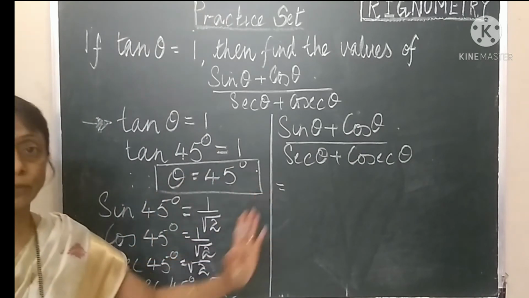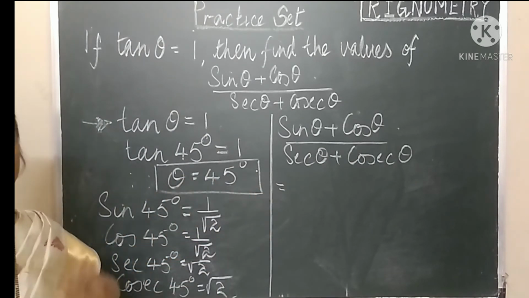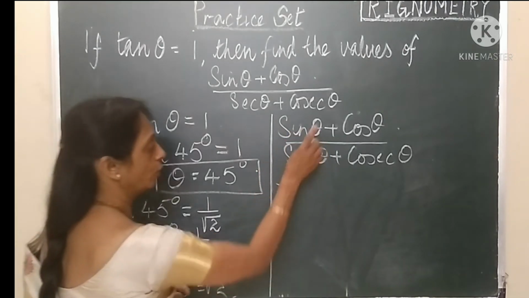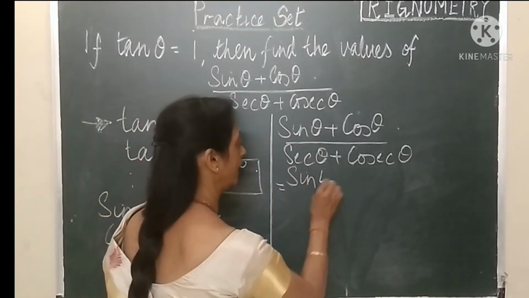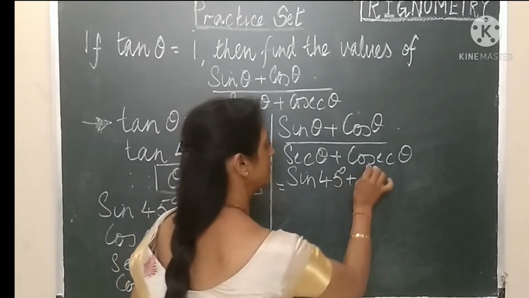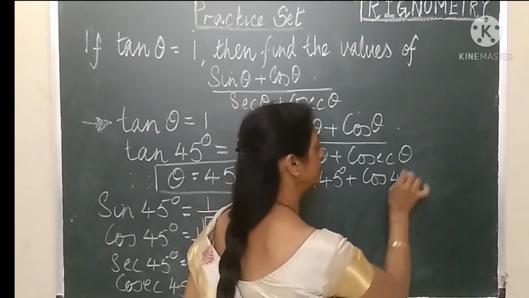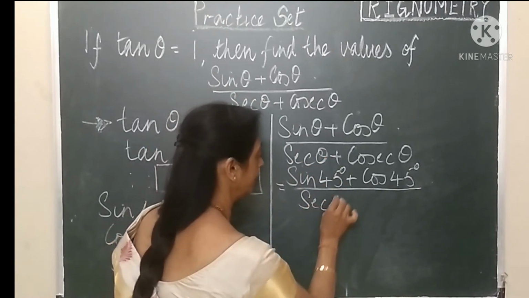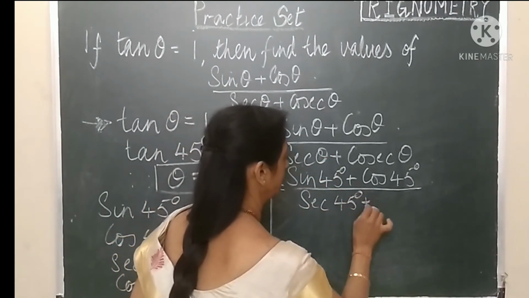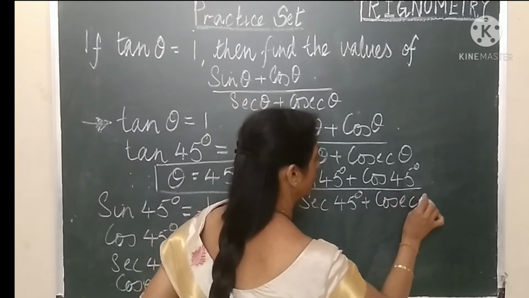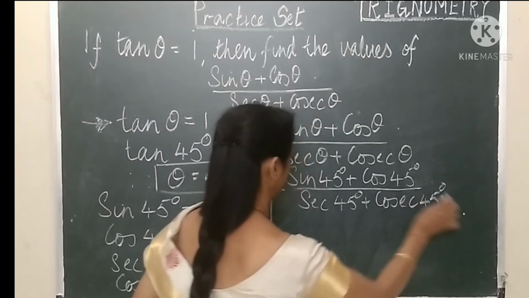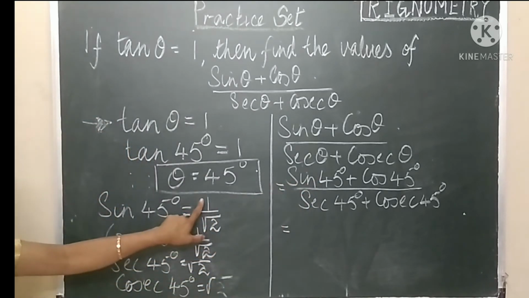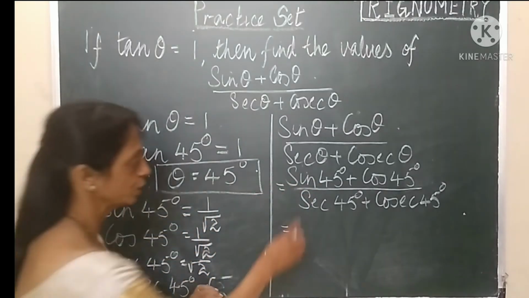So we will have to substitute and then move on with our calculations. So let's substitute. Over here we have sin 45 degrees plus cos 45 degrees upon sec 45 degrees plus cosec 45 degrees. Let's substitute. Sin 45 is 1 upon root 2.